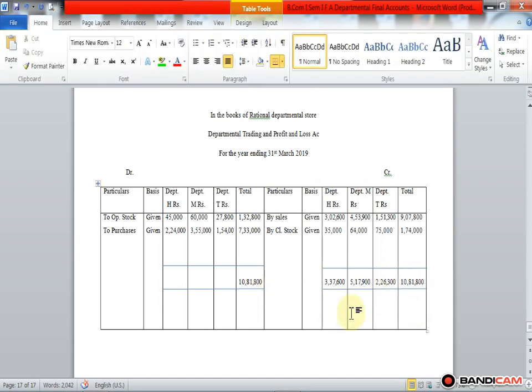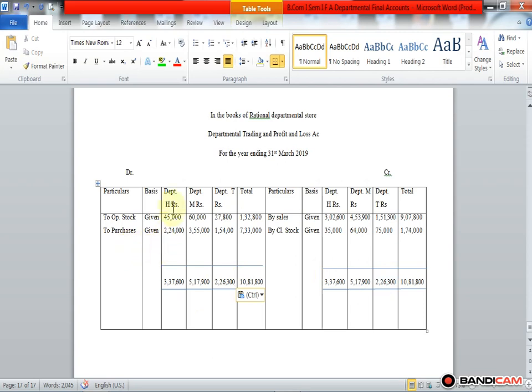So here take this total into debit side, because credit side is more than the debit side. The difference is called gross profit, and the difference of Department H amounted to rupees 68,600.